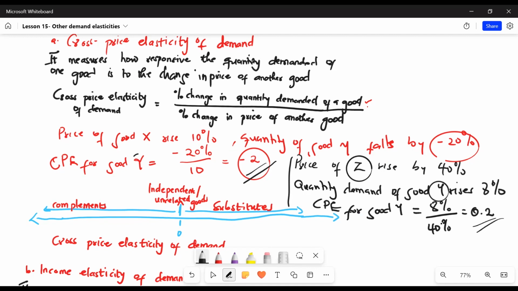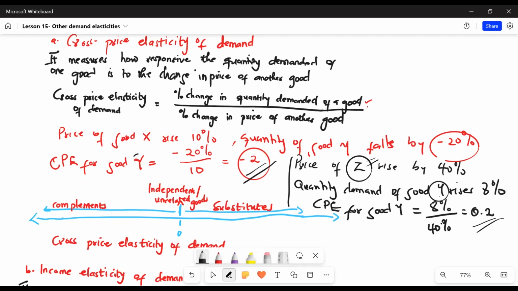So there's a positive relationship between the price of good Z and the demand for good Y. If the price of good Z increases, you'll buy less of it and buy more of good Y. And if the price of good Z were to reduce, you buy more of it and then less of good Y. So this makes the two goods substitutes and their cross price elasticity will be positive.